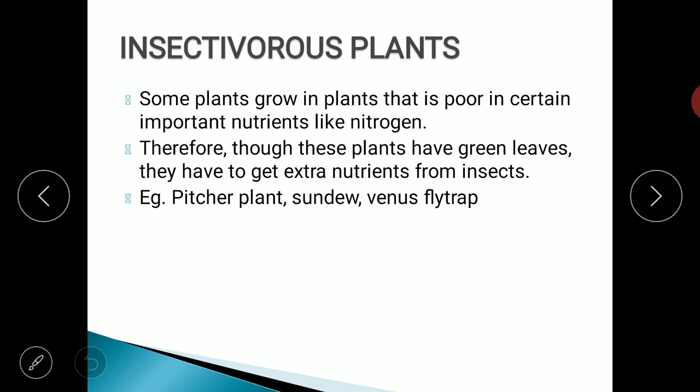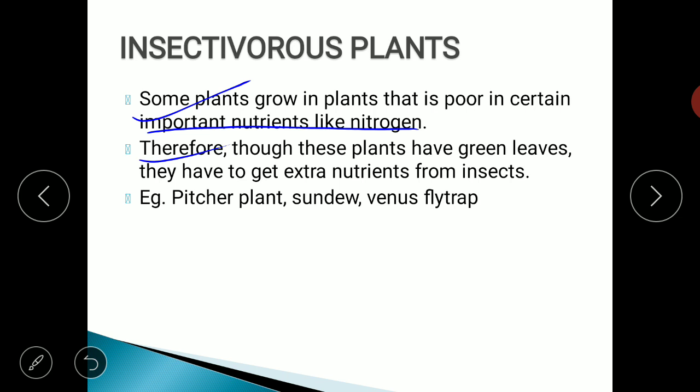Because some plants grow in soil that is poor in certain important nutrients like nitrogen. Therefore, though these plants have green leaves, they do not get the proper nutrients.